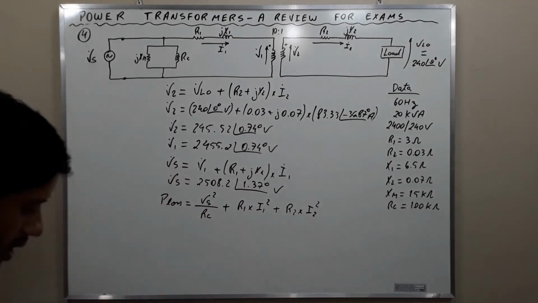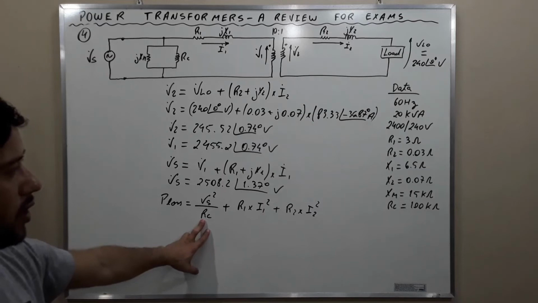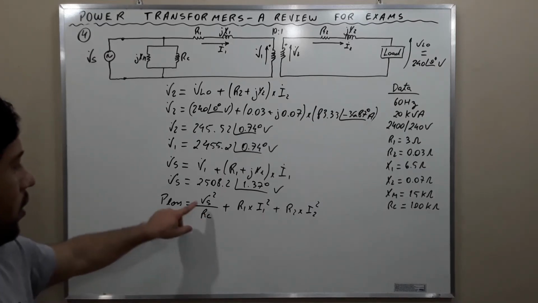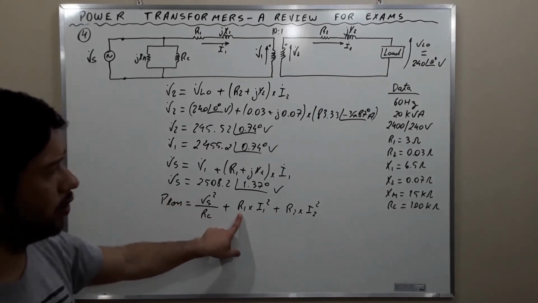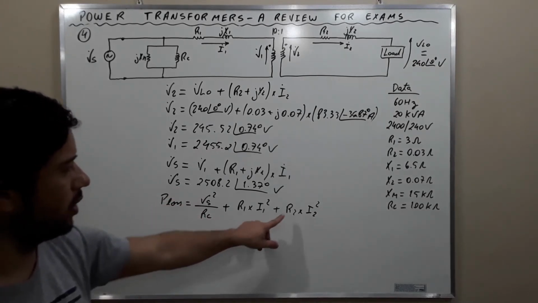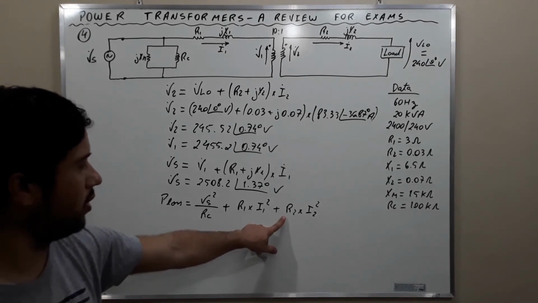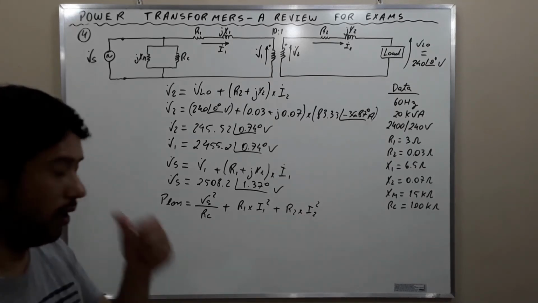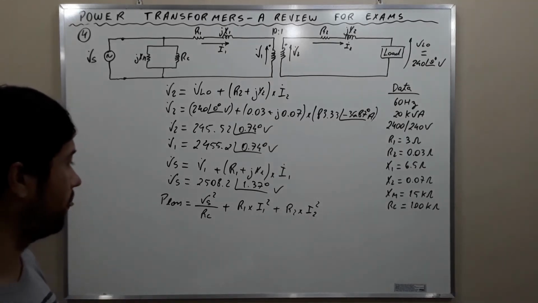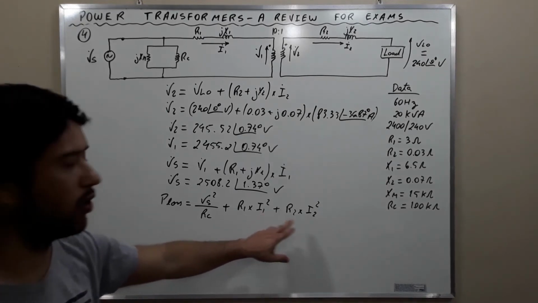Okay, using the values, Rc was said to be 100 kilo ohms. This voltage here we already have. R1 is 3 ohms and R2 is 0.03 ohms. Using the values of the currents we calculated, only the magnitude, alright? You do not need to work with the angle here, only the magnitudes of the currents.